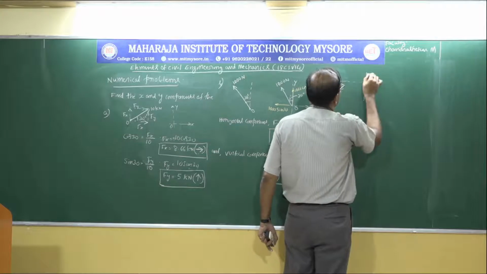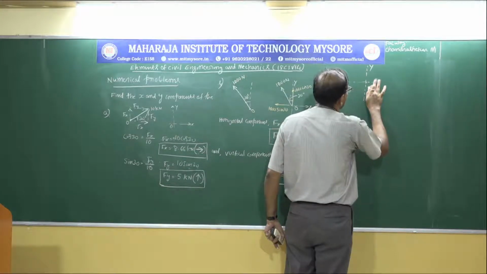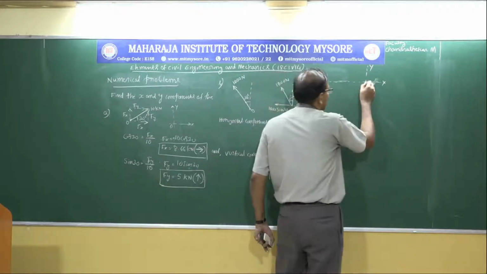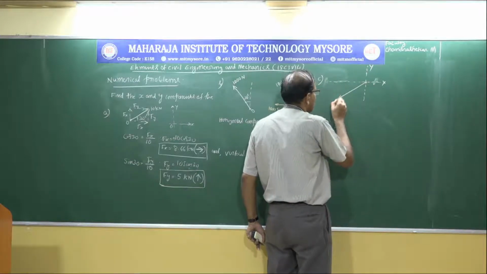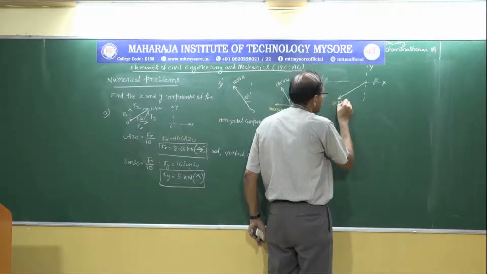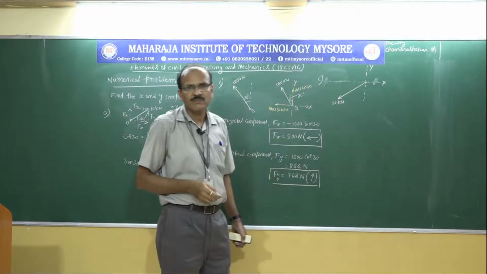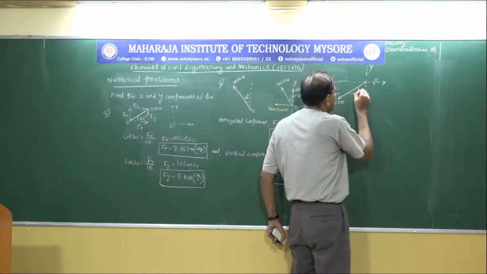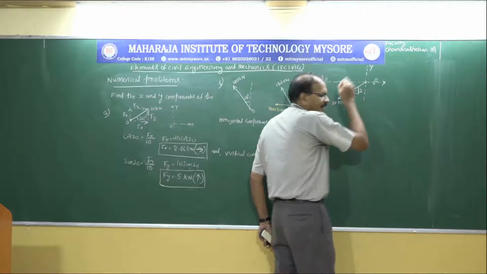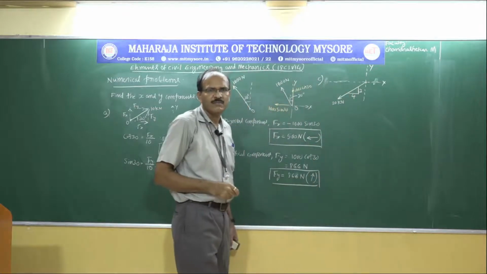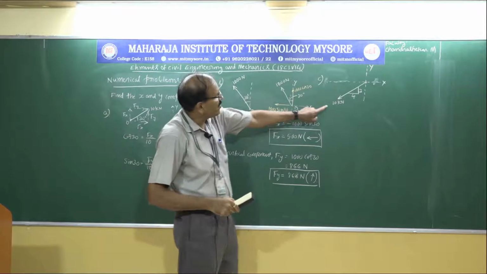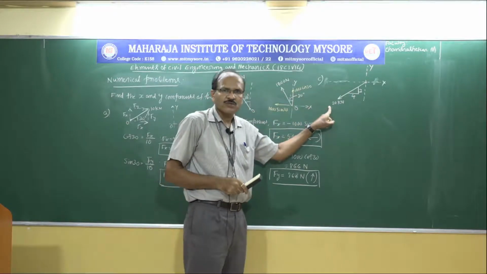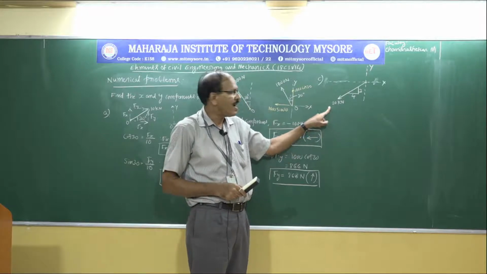Sorry, this is y direction, this is x direction, and there is a force acting like this, and the magnitude of the force is 20 kilonewton. And the slope of this force is 4 horizontal and 3 vertical. So I need to find out what is the component of this force in the horizontal direction and in the vertical direction.